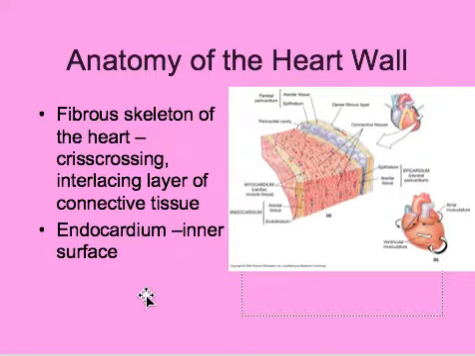And then there's a bunch of connective tissue. If you go to some of the Body Worlds exhibits, they eat away the muscle and you can just see the connective tissue of the heart, and it's really fascinating and actually kind of beautiful. And then the inside layer is the endocardium, and that's made of epithelium.